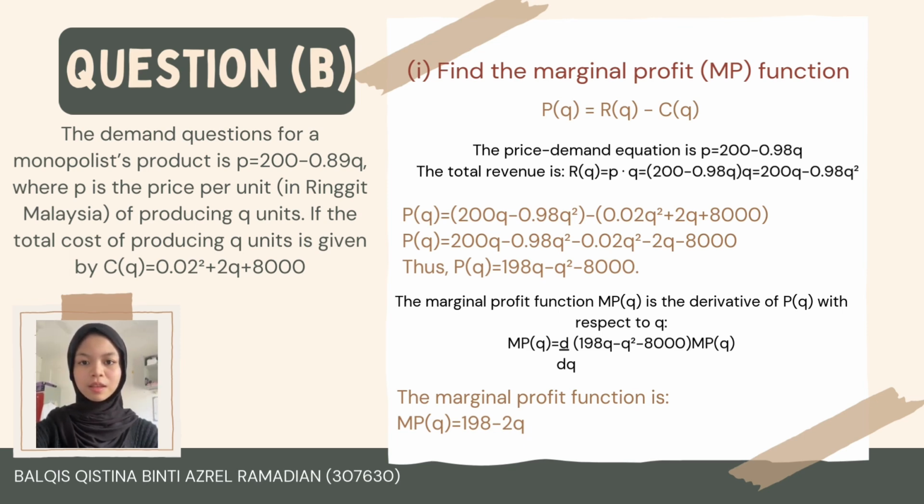For the last step, we need to find the marginal profit function using the derivative of profit with respect to Q. So MP(Q) equals d over dQ of (198Q minus Q to the power of 2 minus 800), and we will differentiate and get the marginal profit function MP(Q) equals 198 minus 2Q.